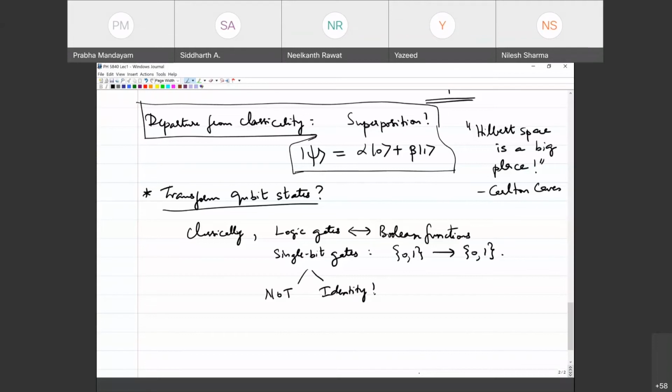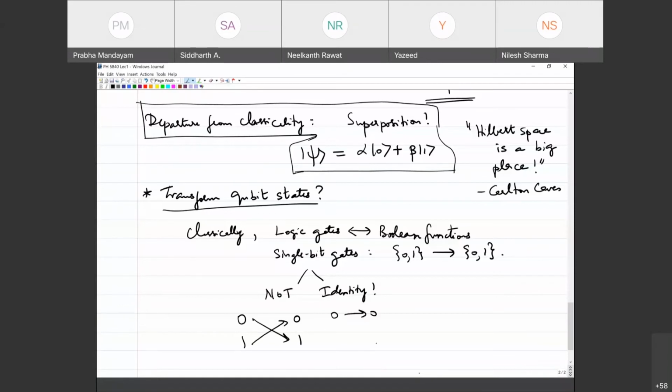The NOT gate does the following: it flips 0 to 1. If I were to pictorially depict the input and output, it takes 0 to 1 and 1 to 0. And of course, the identity gate simply takes 0 to 0 and 1 to 1.